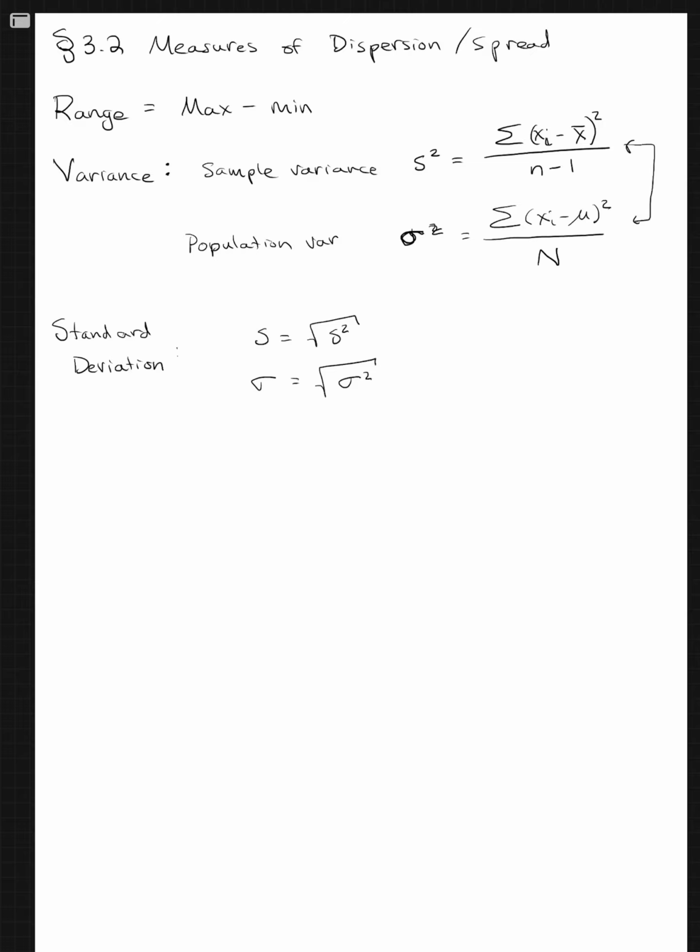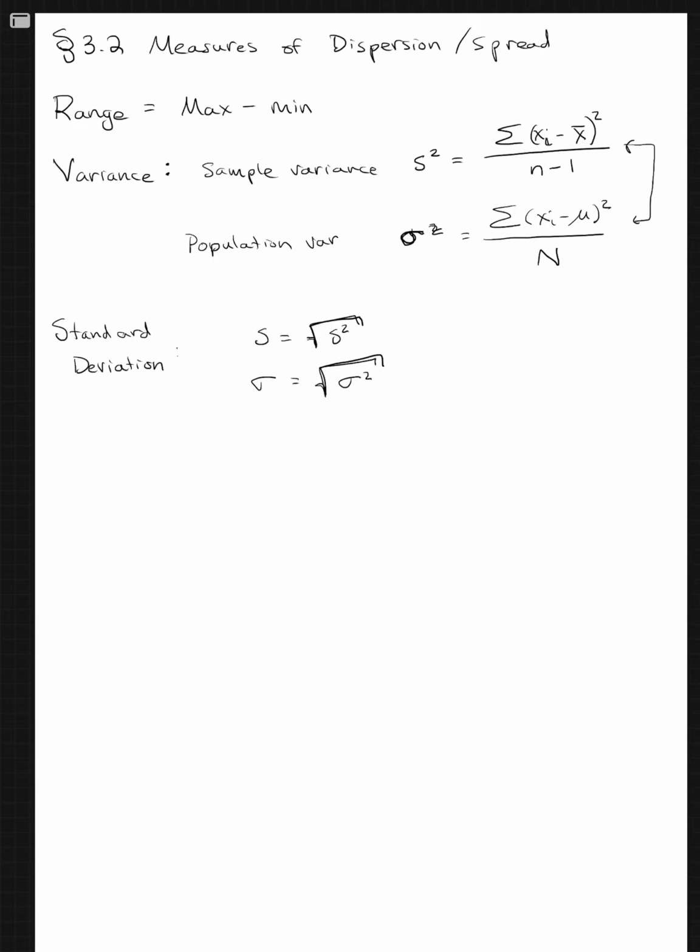So we square it to make it always positive, and then we take the square root at the very end to get rid of that square. So that what we're really trying to measure here in some way is, on average, how far is the data from the center. So that's what we have here.